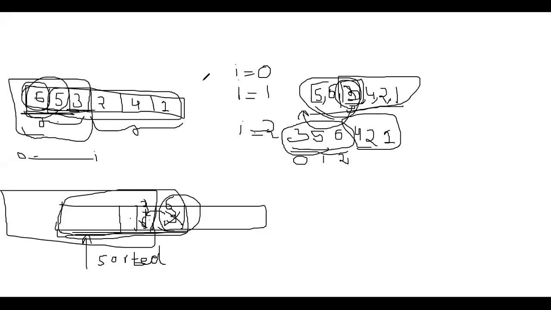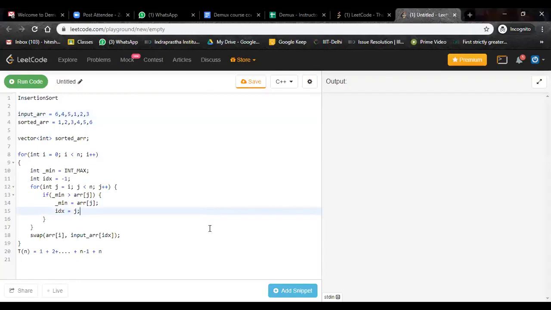Can we use binary search for inserting an element into the left part? Sakshi, you can use binary search to find it, but essentially it will not matter. You will use binary search to find the location where you want to put that element.